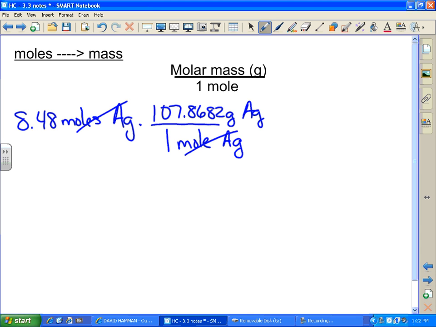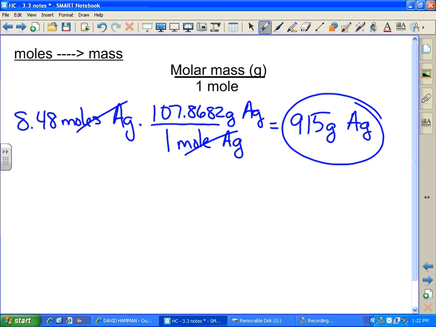Moles of silver cancel out. The mass for that many moles of silver, rounded to 3 significant figures, would be 915 grams of silver. Again, the number on the periodic table tells us how many grams are in 1 mole, but we have almost 8.5 moles.